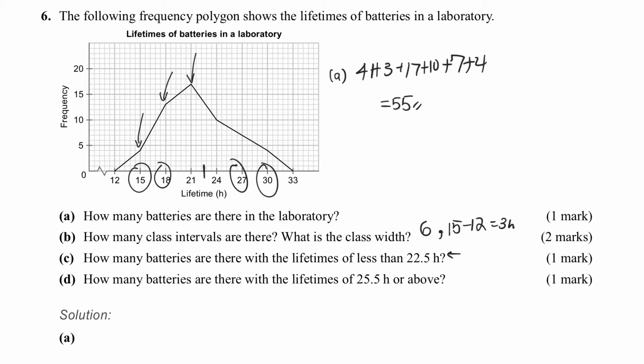For the remaining, they are more than that. That is why this number will be 4 plus 13 plus 17, which equals 34. And then for this one, more than that. So you have this one and this one with you. That is why you will have 7 and 4, which is 11.